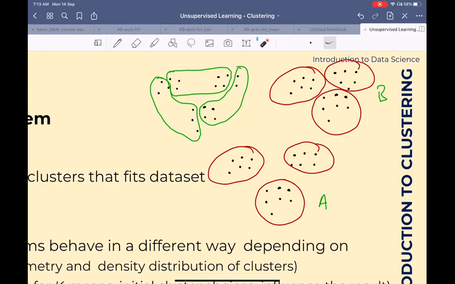If you have to come up with terms to explain these two concepts: one concept is the distance between the points within a cluster, and the other is the distance between the clusters themselves. What term would you use? The cluster density.